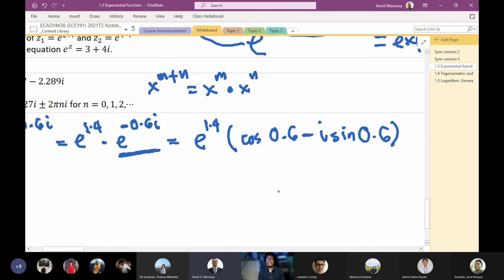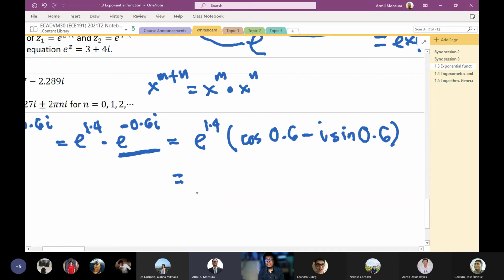Yan. So if I write this in rectangular form, by the way, sa mga exams and mga homeworks natin, if the problem does not state to what form the final answer should be written, you should always write it in rectangular form.